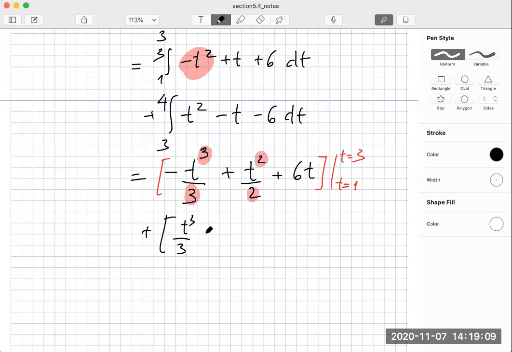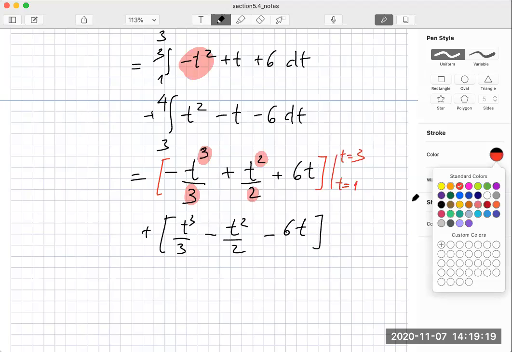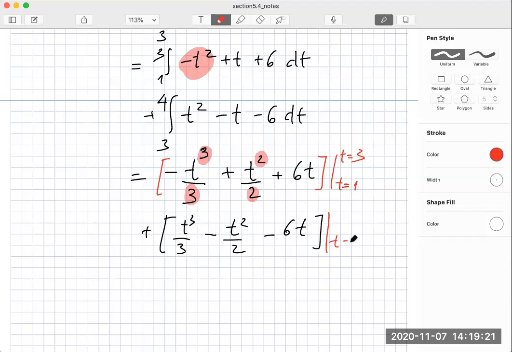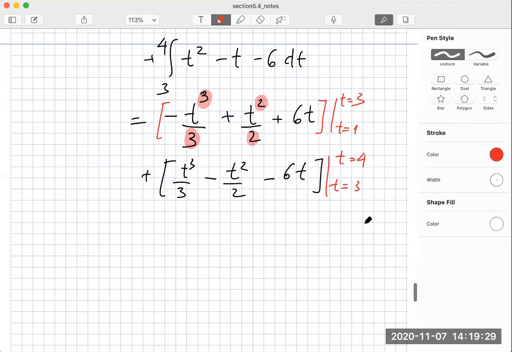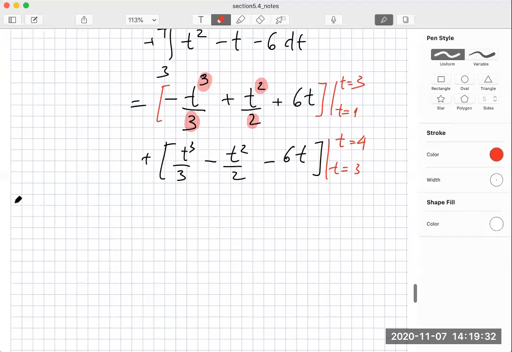The second term, remember, it has a negative sign, right? And negative 6t. And we need to evaluate from t equal to 3 to t equal to 4. Okay? Then now it becomes easier.